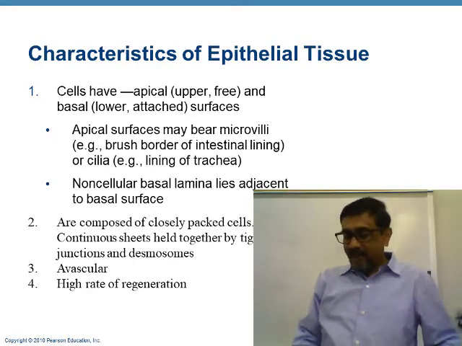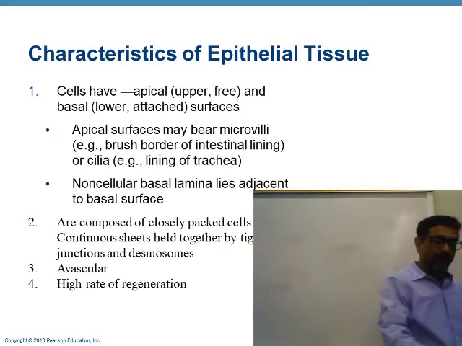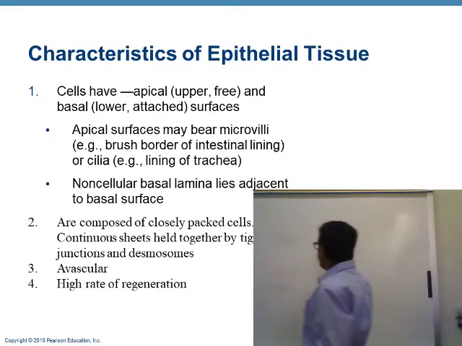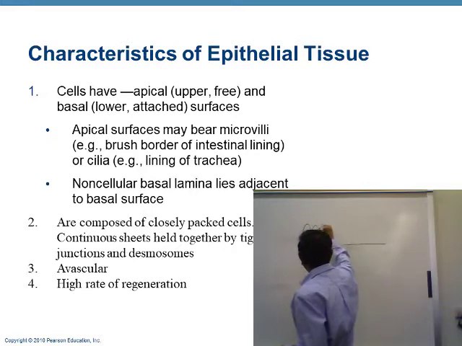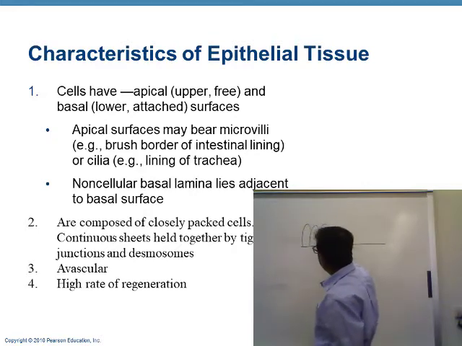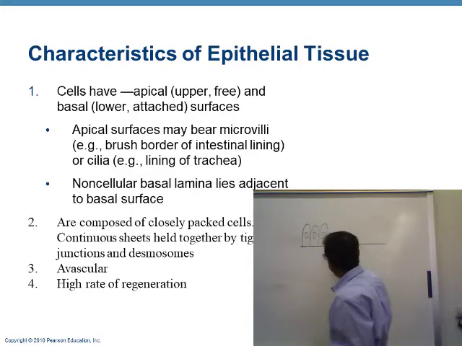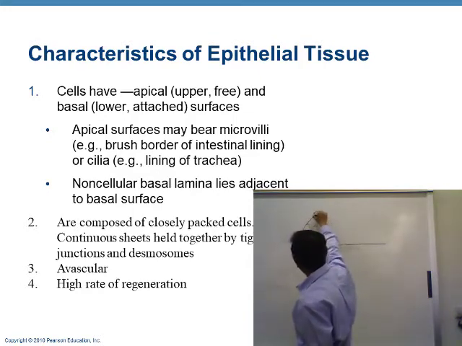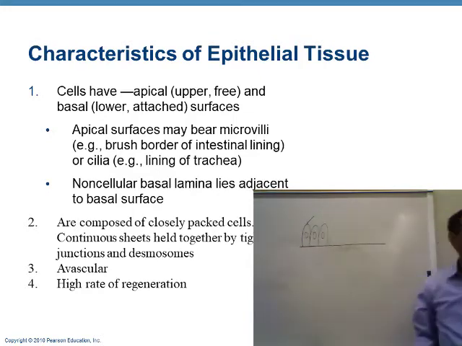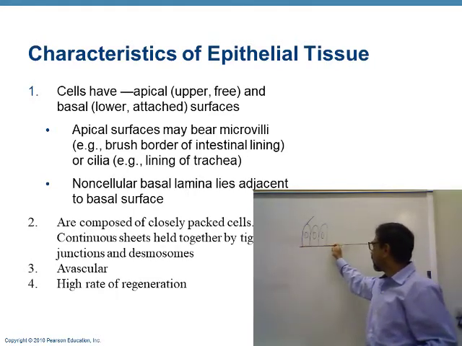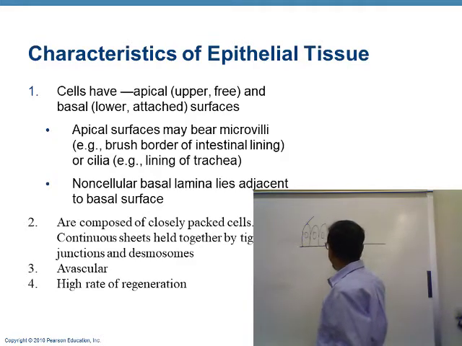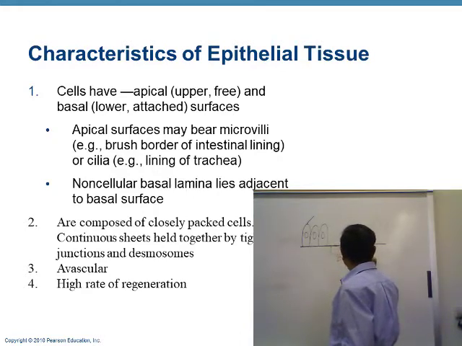First, in epithelial tissue, you must remember, the cells have an upper free end, which is called the apical end, and the lower end is attached to a basement membrane, which is formed by a connective tissue, by the way.